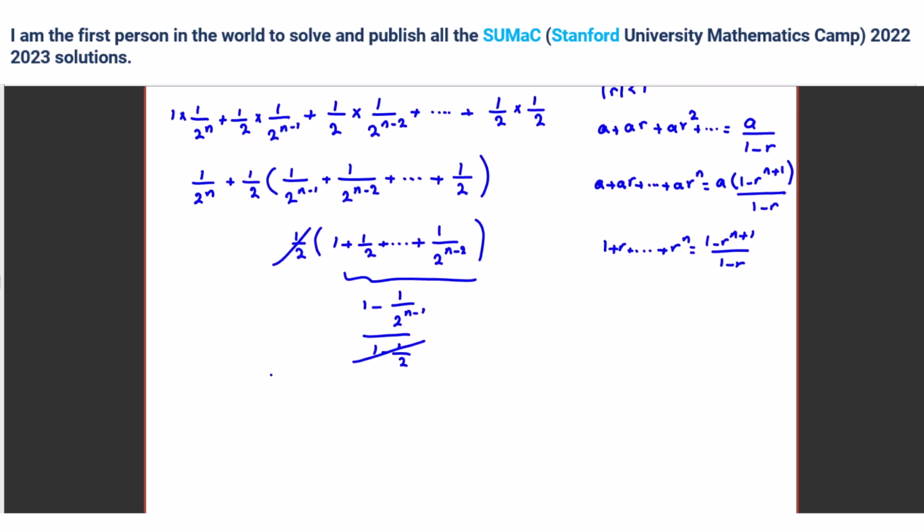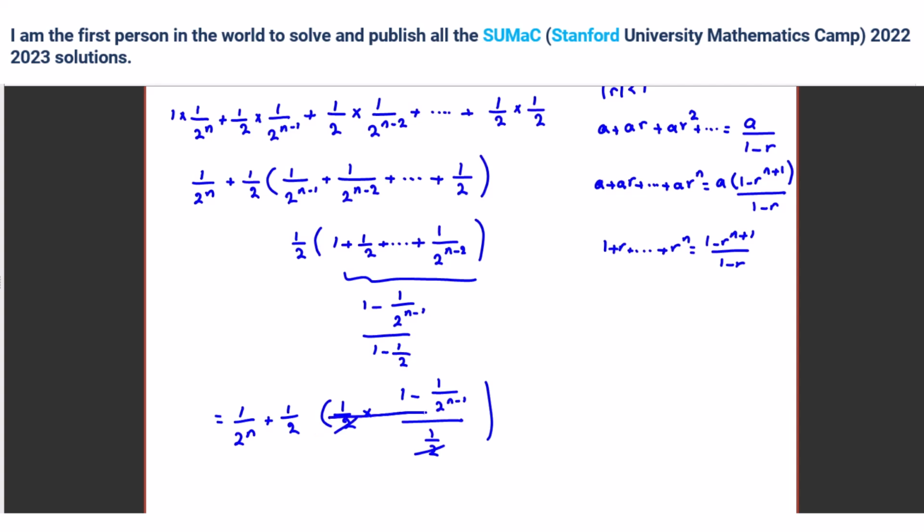Wait, if you want, let me write it again. It's 1 over 2 to the n plus 1/2 times 1/2 times 1 minus 1 over 2 to the n minus 1. Agreed? Yes. Now do you agree these two cancel each other?